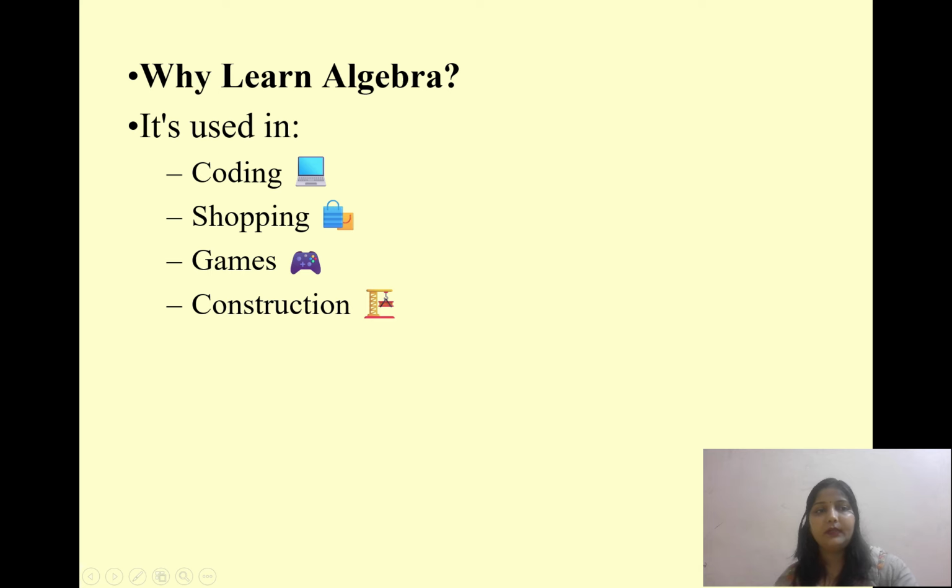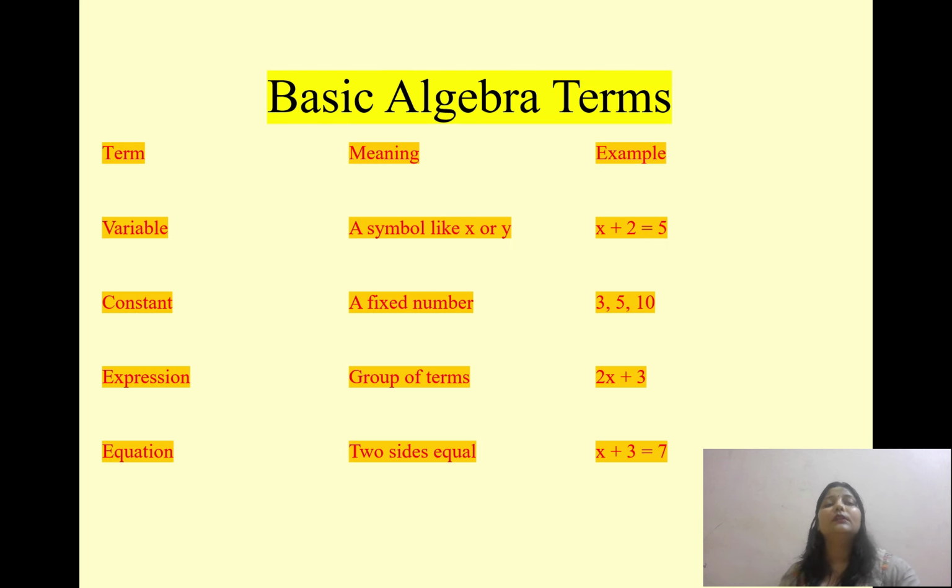Why learn algebra? It's used in coding, solving, games, and construction. Let's start with algebraic terms. Terms are variable, constant, expression, equation. What is a variable? As I told you, a variable is any letter. You can take any letter to replace any number.